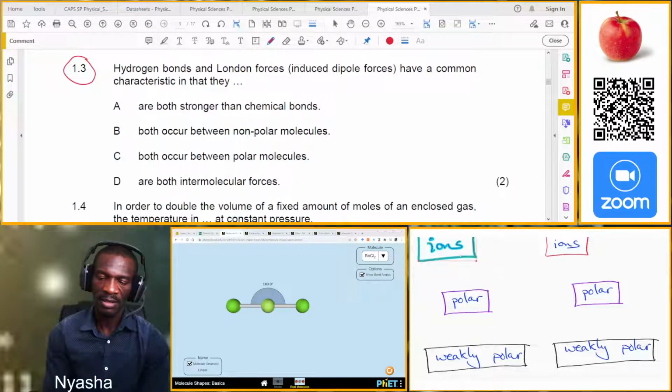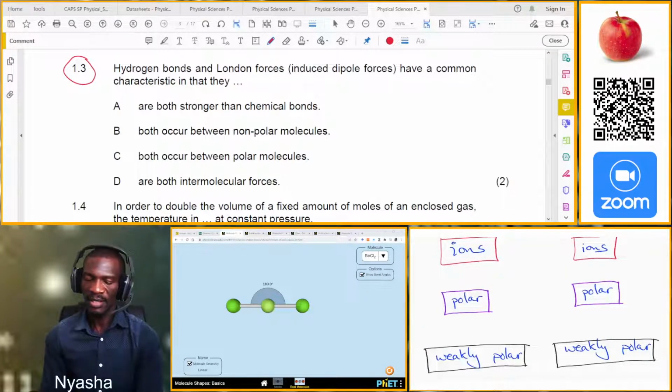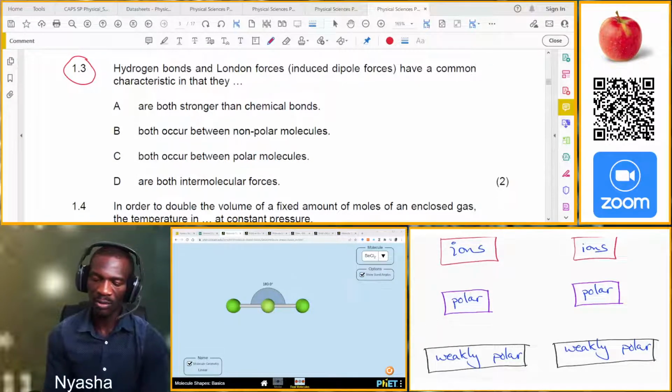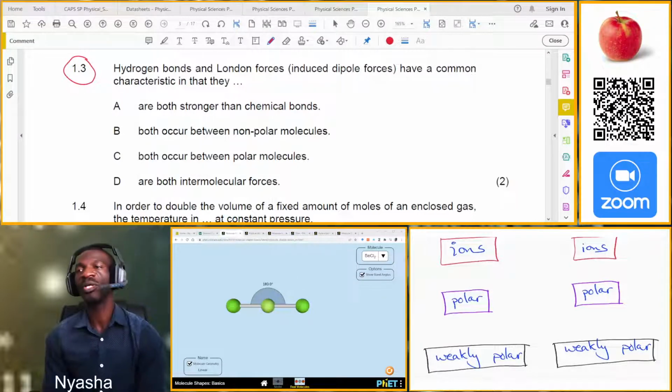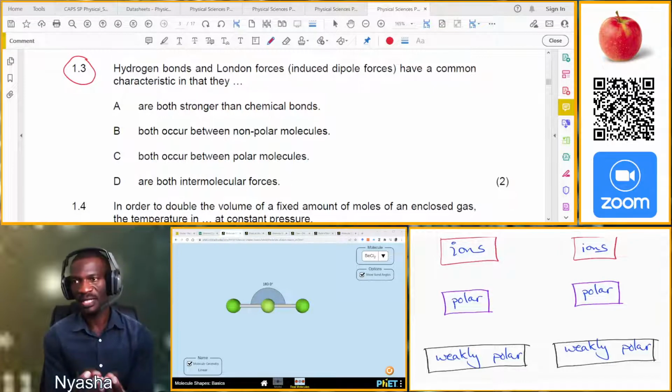First of all, I hope you remember that the criteria that you use for the type of bond selection or the nature of these molecules, whether we're talking of ions, polar molecules, or weakly polar molecules, is electronegativity.